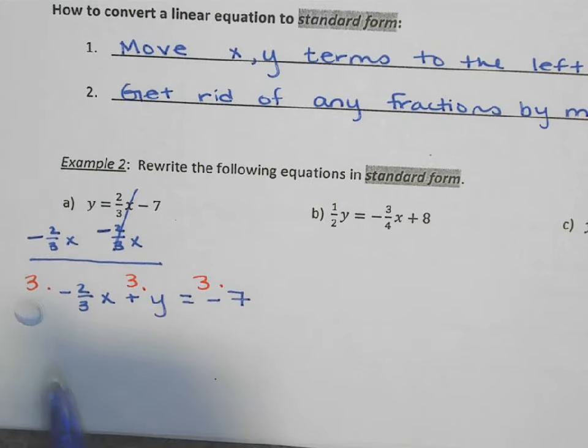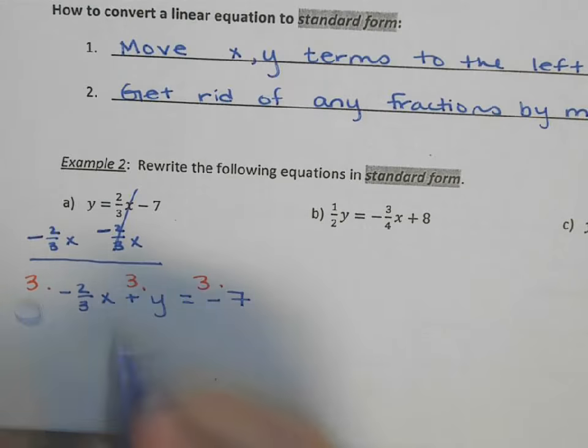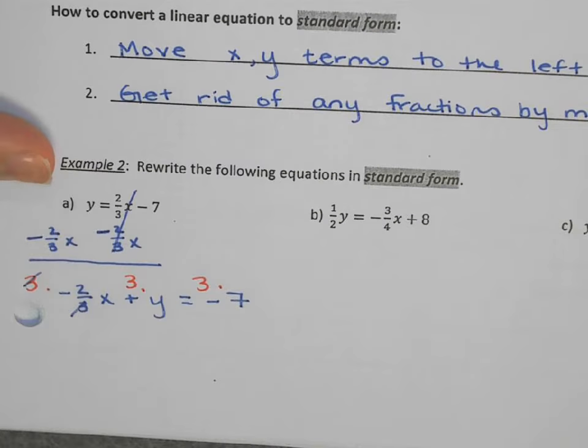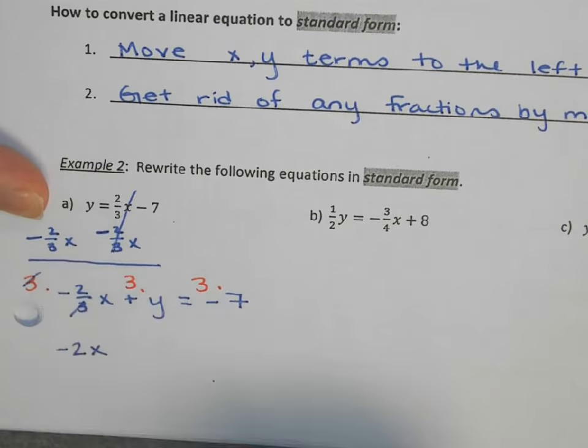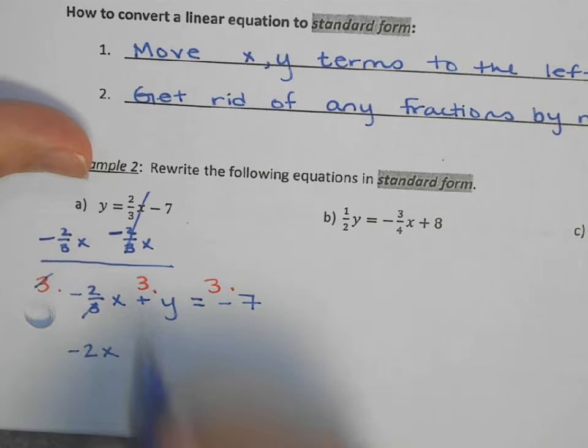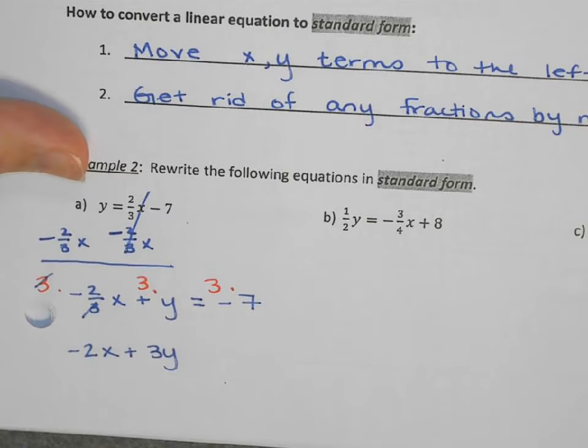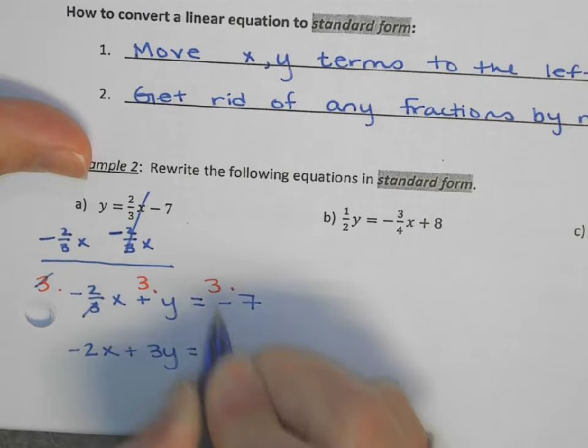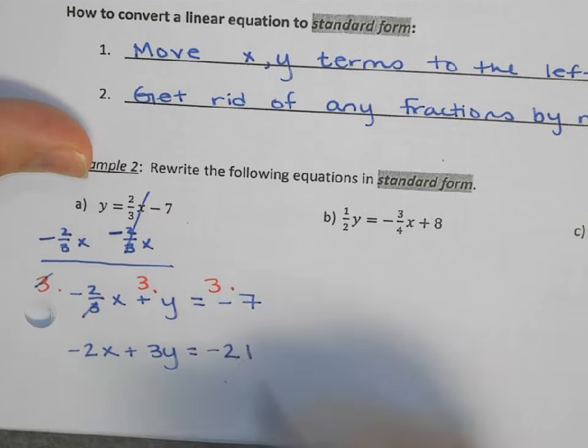And now, negative 2 times 3 and divided by 3, those go away, and I'm left with negative 2x. Because if I multiply by 3 and divide by 3, the 3's go away. Plus, 3 times y is just 3y, is equal to 3 times negative 7, which is negative 21.